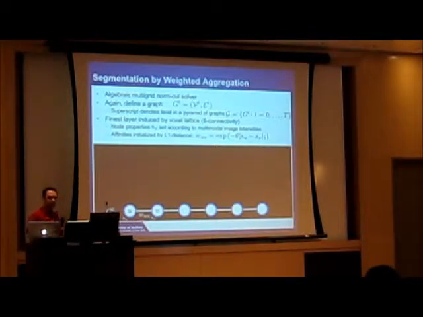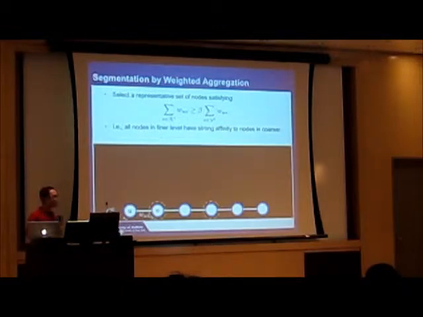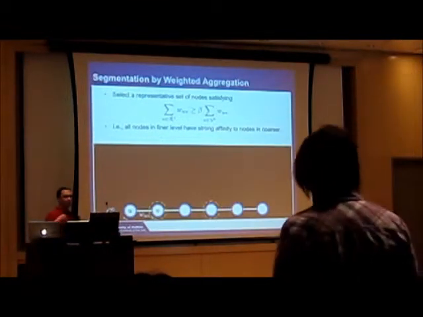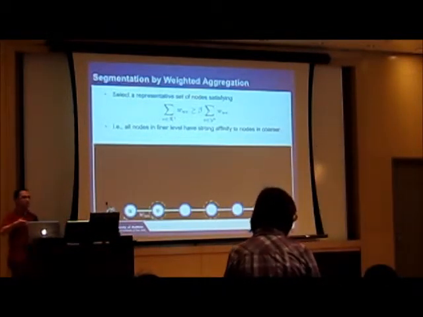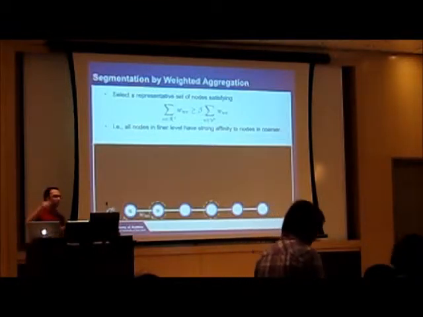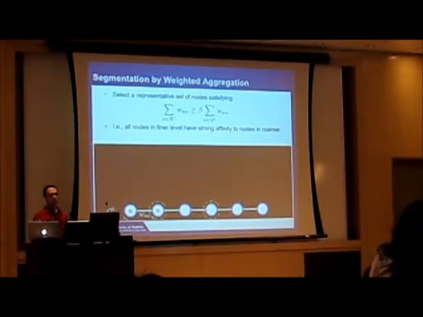But the basic idea, talking about it algorithmically, is you have your pixels on your graph, pixel level. Each pixel has its statistics, S_U, S_V, and there's an affinity between them. The first step in the algorithm is to build your first layer, going from graph G0 to G1. You do that by selecting a set of nodes to define that layer.